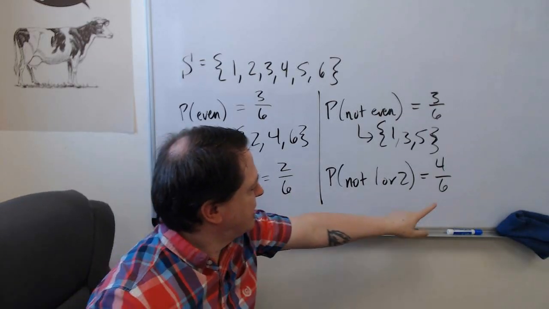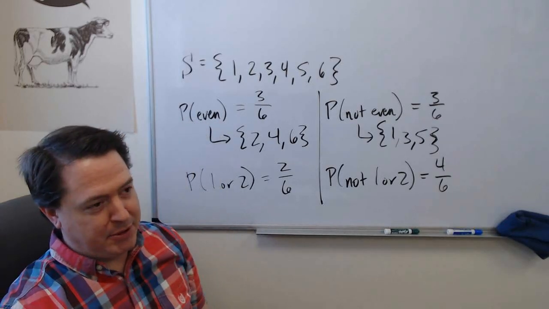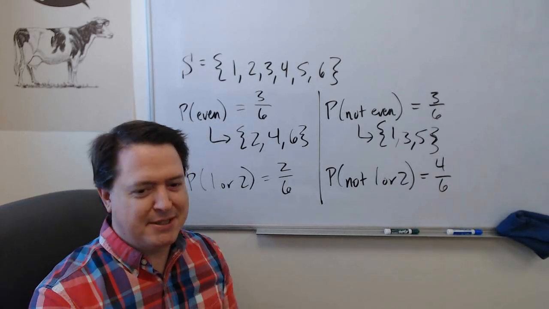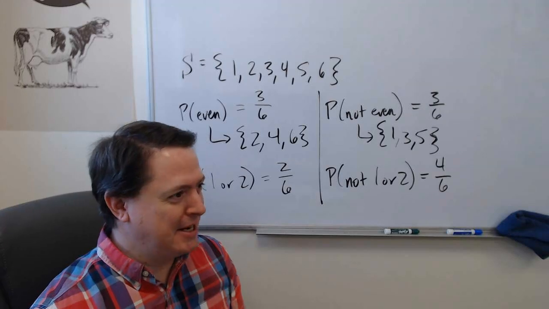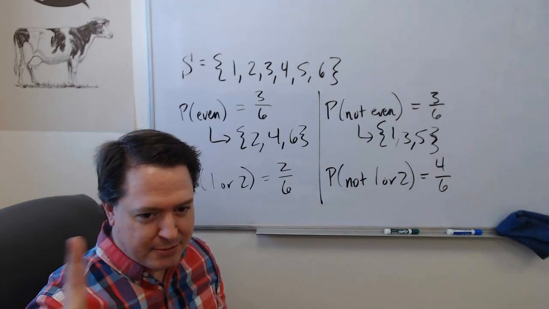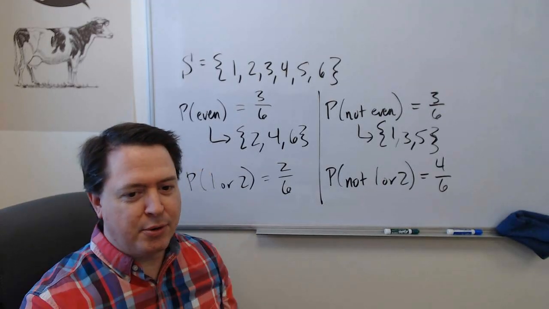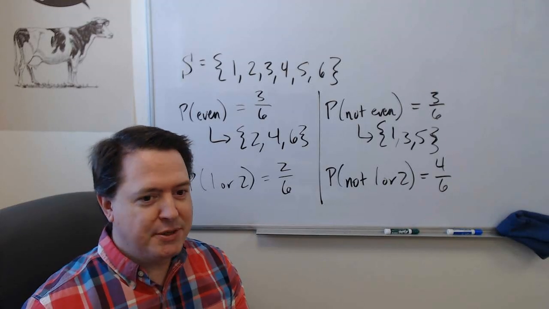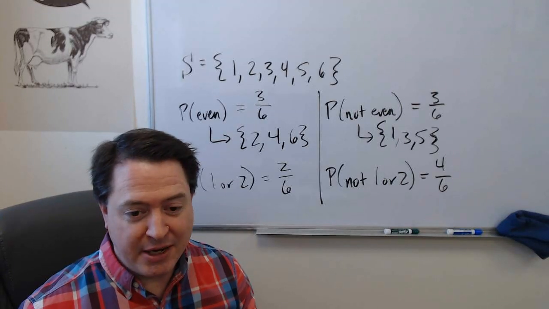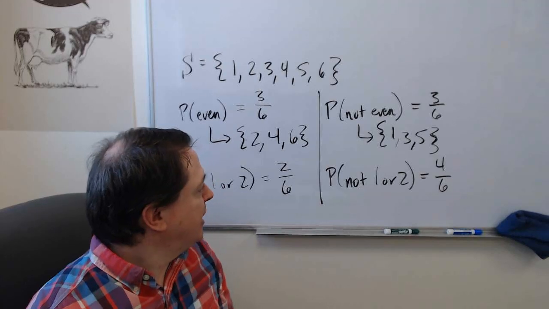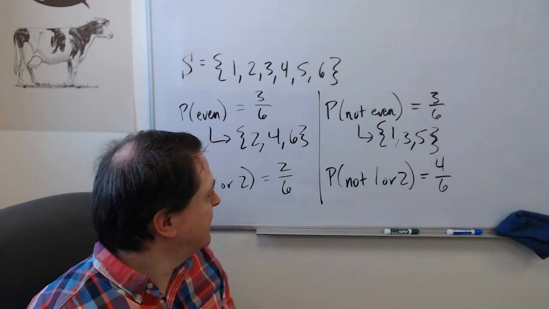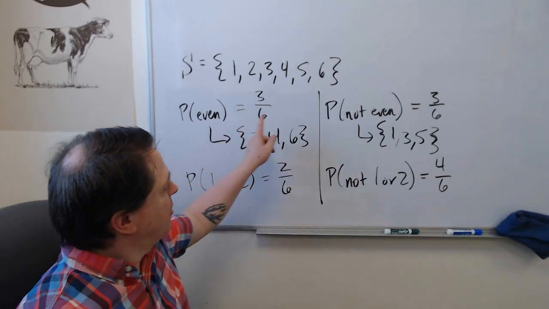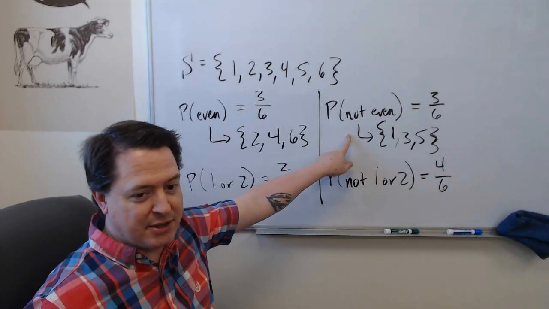What does 2/6 and 4/6 add up to? 6/6 again, which is 1. That's not a coincidence. What is 1 as a percentage? It's 100%. So what that really means is the probability that I get even or not even is 100%.